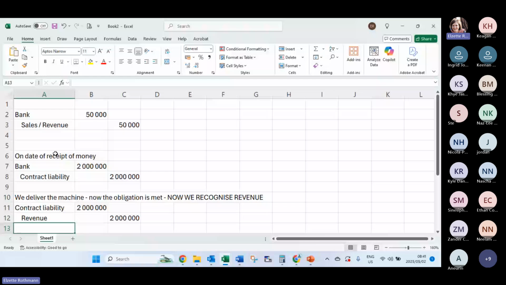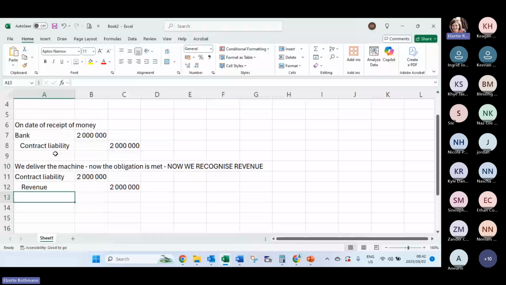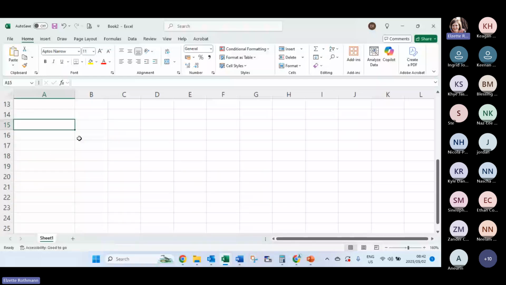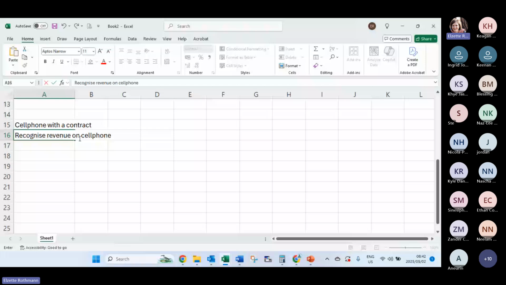Yeah, and there's different scenarios that can happen. Sometimes it can be that you have, let's say, a cell phone with a contract. So let's quickly look at that. If you have a cell phone with a contract, you can recognize revenue on the cell phone probably immediately, okay, because they're going to pay for the cell phone, you're going to give the cell phone.